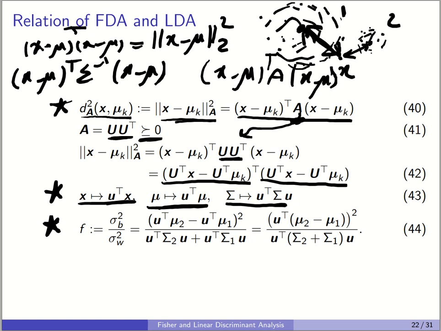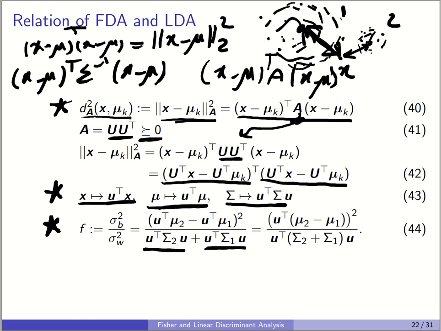So the between scatter between classes is squared, because of the quadratic characteristic of scatter: U transpose mu2 minus U transpose mu1 squared, and in within scatter we have U transpose sigma 2 U plus U transpose sigma 1 U.